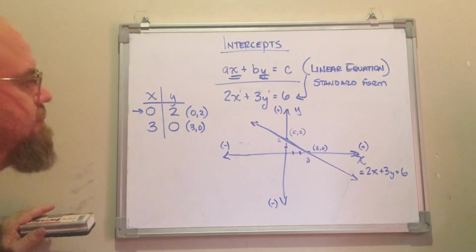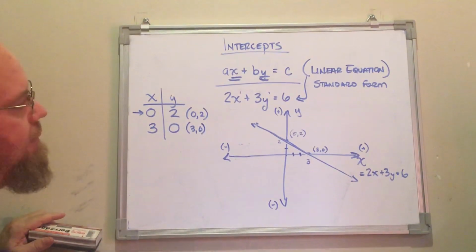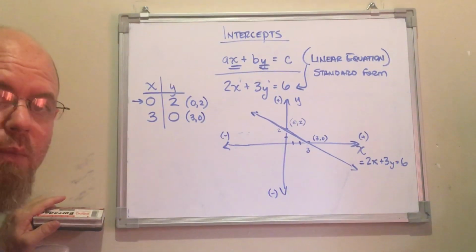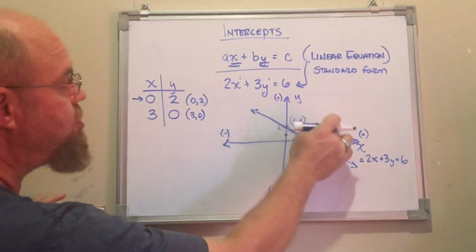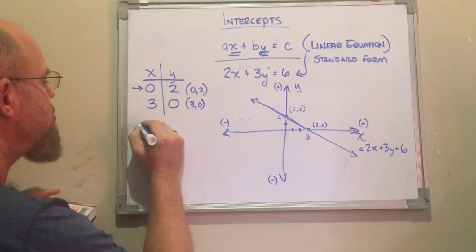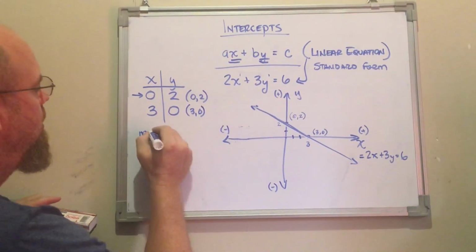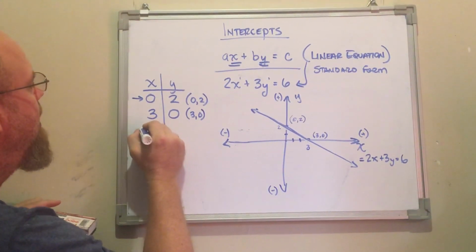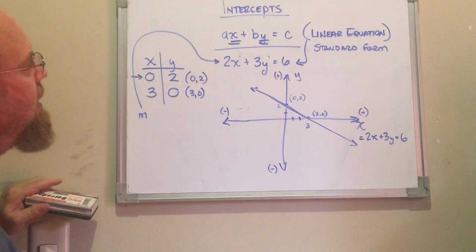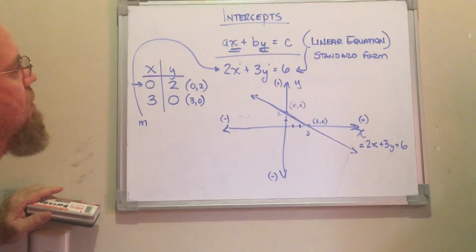Okay? Now, we can also, from this, figure out what the slope is, because we have 2 points. So what is the slope of that equation?